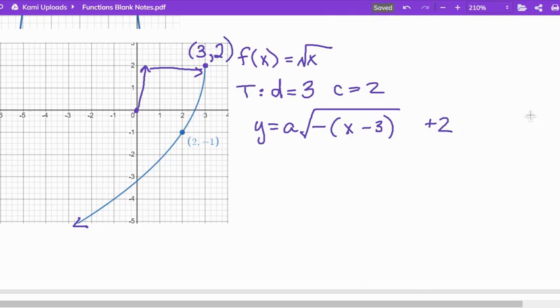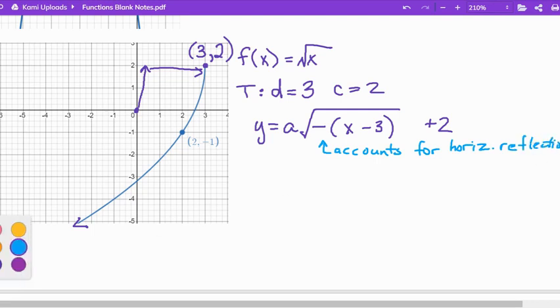So I don't give a value like a number to the k, but I give it its negative. And that negative accounts for horizontal reflection. So this is the only time you have to add a negative, is if you have a radical function that has a horizontal reflection.